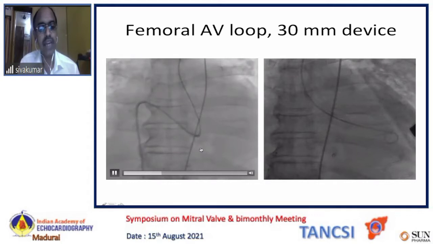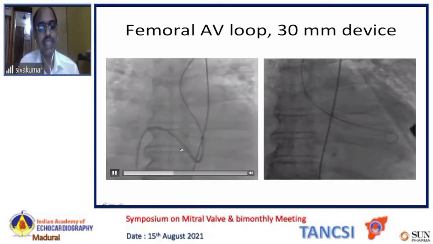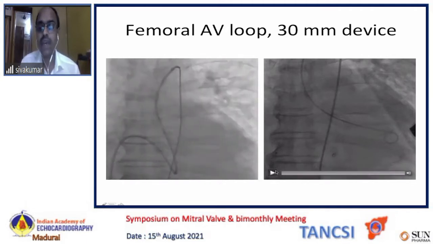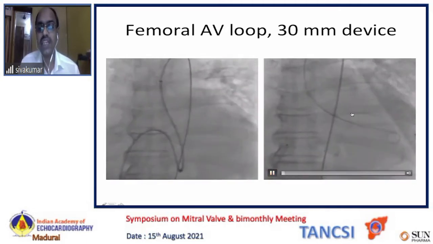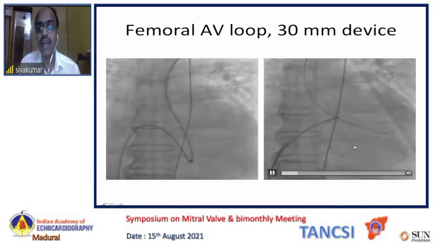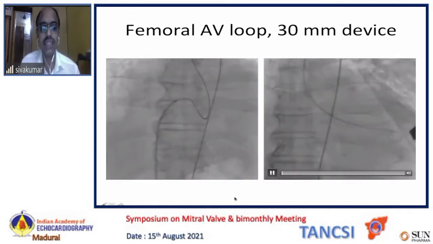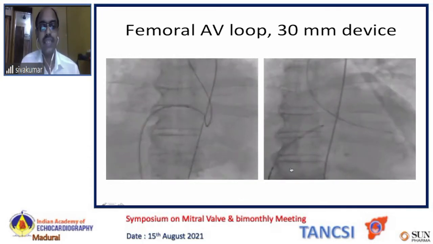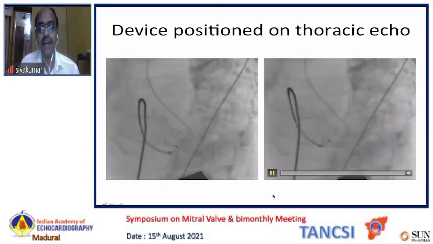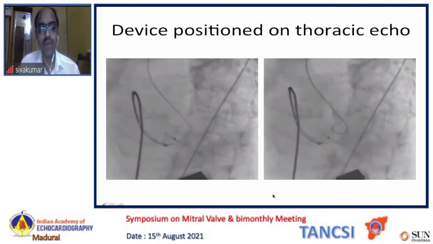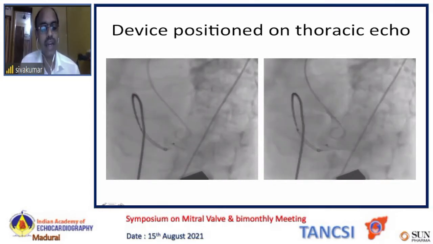It is better to take a femoral loop in postrobasal infarction and better to take a jugular in apical infarctions. So this was the sheath that was across, and the device is a 30 millimeter device. The device is being opened with some fluoroscopic evidence, and I will show more echo images.